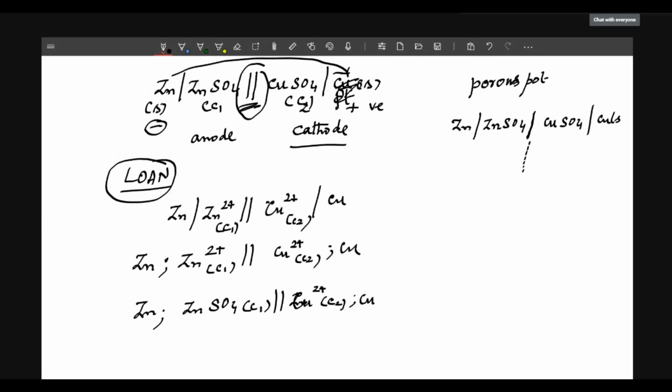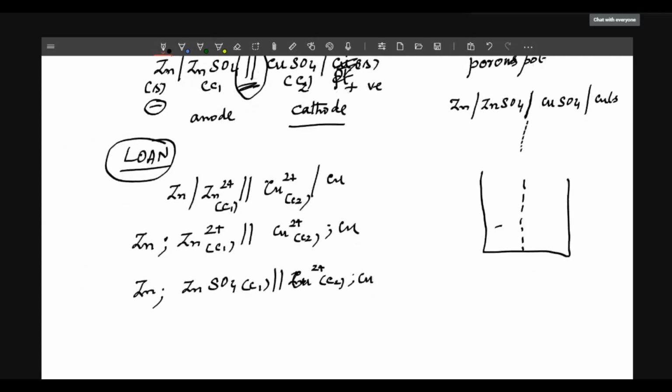These two are separated by it. This can be diagrammatically represented like this. This porous pot can be represented like this.